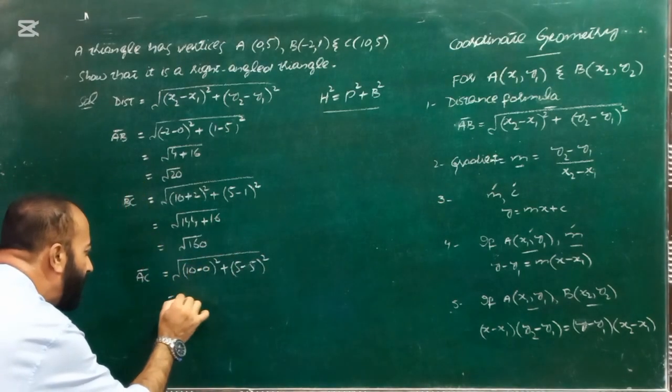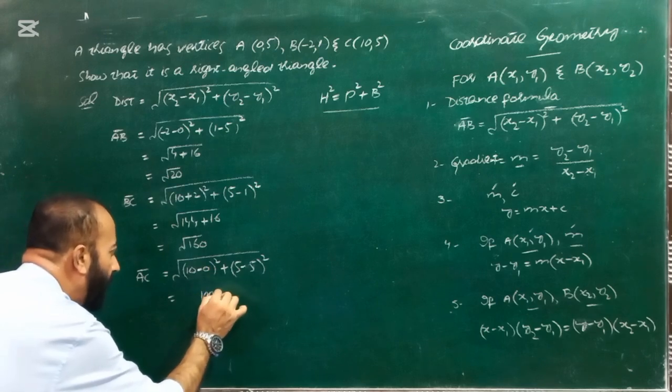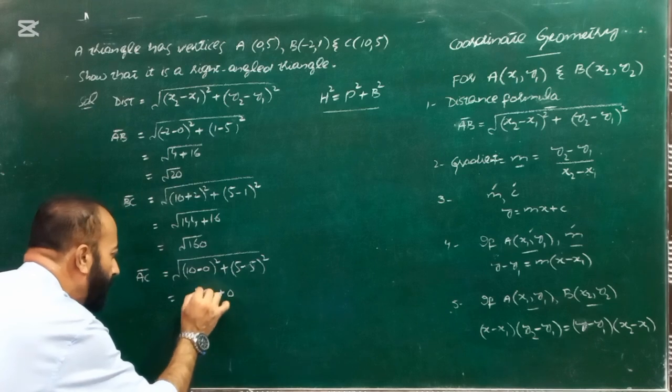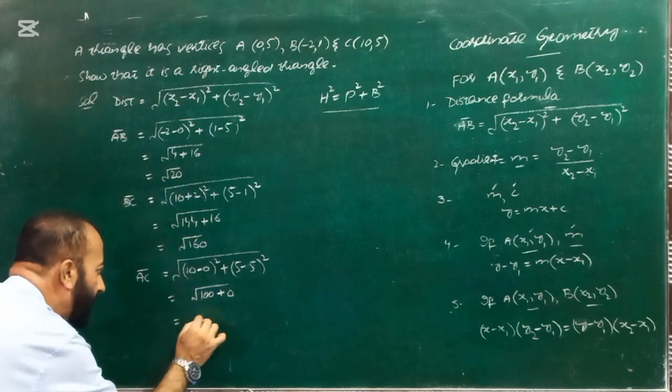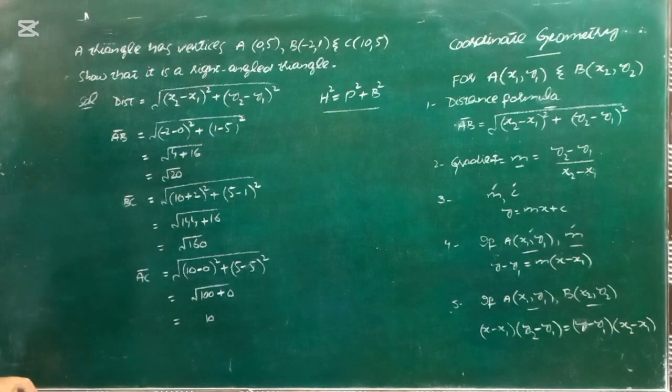So at this step you can see 10 minus 0 will be 10, 10 square is 100, and 5 minus 5 is 0, so 0 square is 0. So this is root 100, so it will be 10.